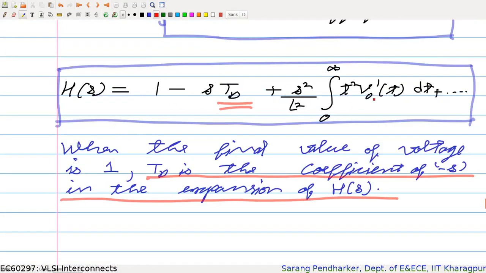It is also possible to estimate the rise time as per the definition of Elmore. We are not going into that. If you are interested, you can refer to the original paper, where some interesting cases are also considered. In interconnects, we would not be requiring rise time, at least in the scope which we are discussing.